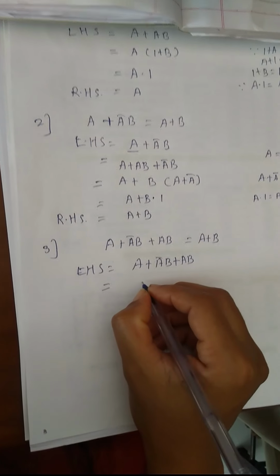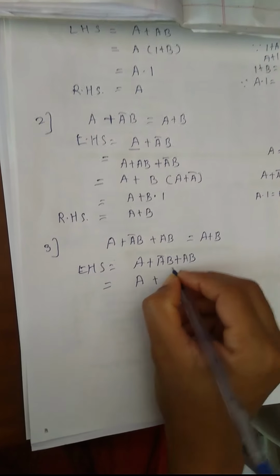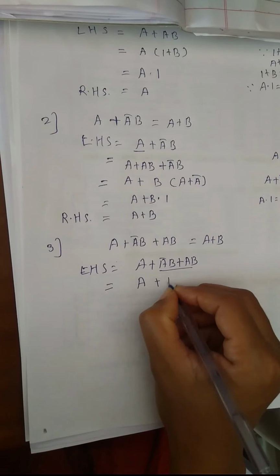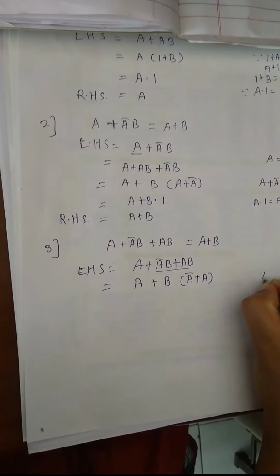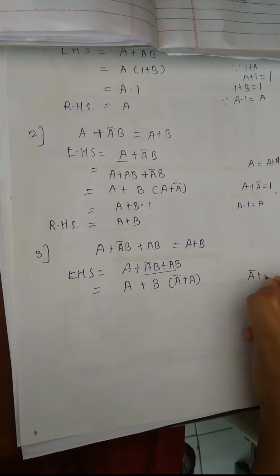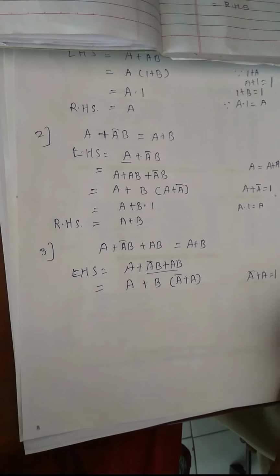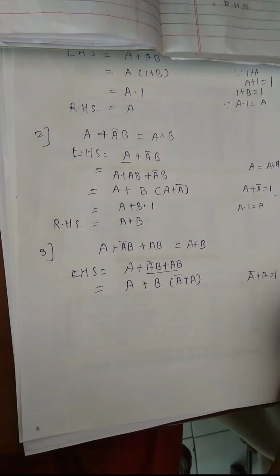Take the common term A plus, and in these two terms B is common, giving A bar plus A. A bar plus A is equal to 1. This is the OR law. So this term is A plus B into 1. B into 1 means, by the AND law, A into 1 is equal to A.